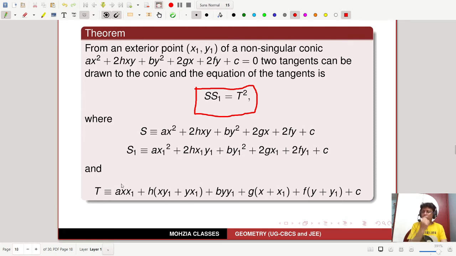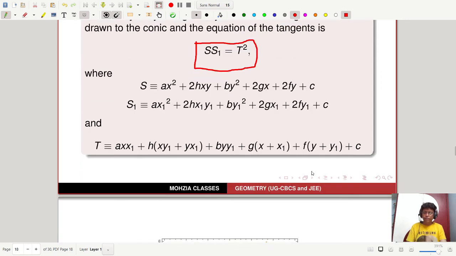So your tangent will be axx1 plus h into xy1 plus yx1, plus byy1 plus g into x plus x1, plus f into y plus y1, plus c. So this is the tangent, right? I will give you the result, and not only that, I will give you the proof also, how to prove this result. So you have to remember the pair of tangents is given by this equation, S1 equal to T squared.